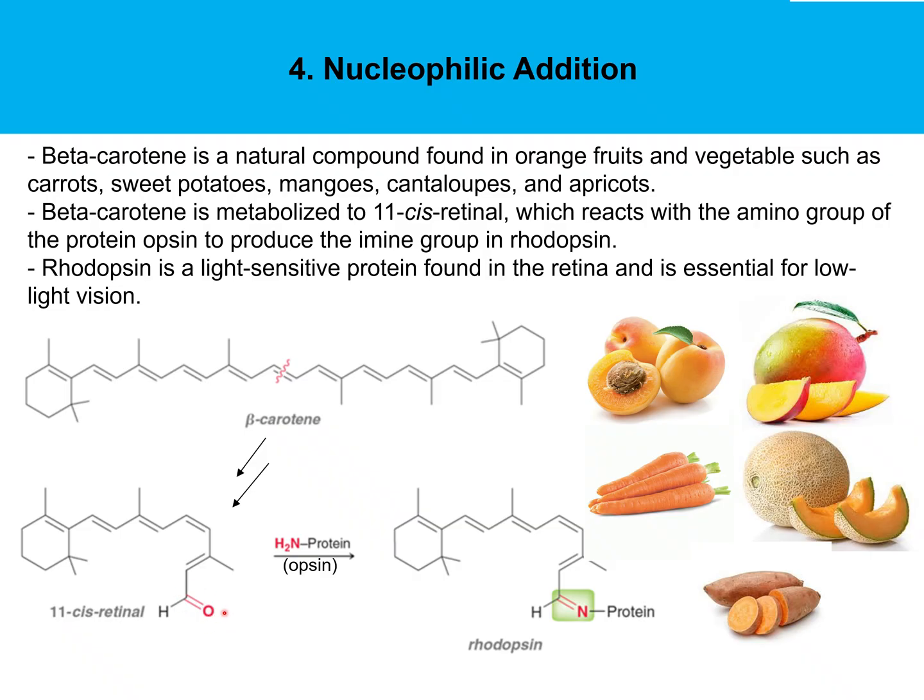This aldehyde will react with the amino group of a protein called opsin to form an imine bond, similar to the reactions we learned in this chapter. And rhodopsin, which is the product from this reaction, is a light-sensitive protein found in the retina of our eyes, and is essential for low light vision.